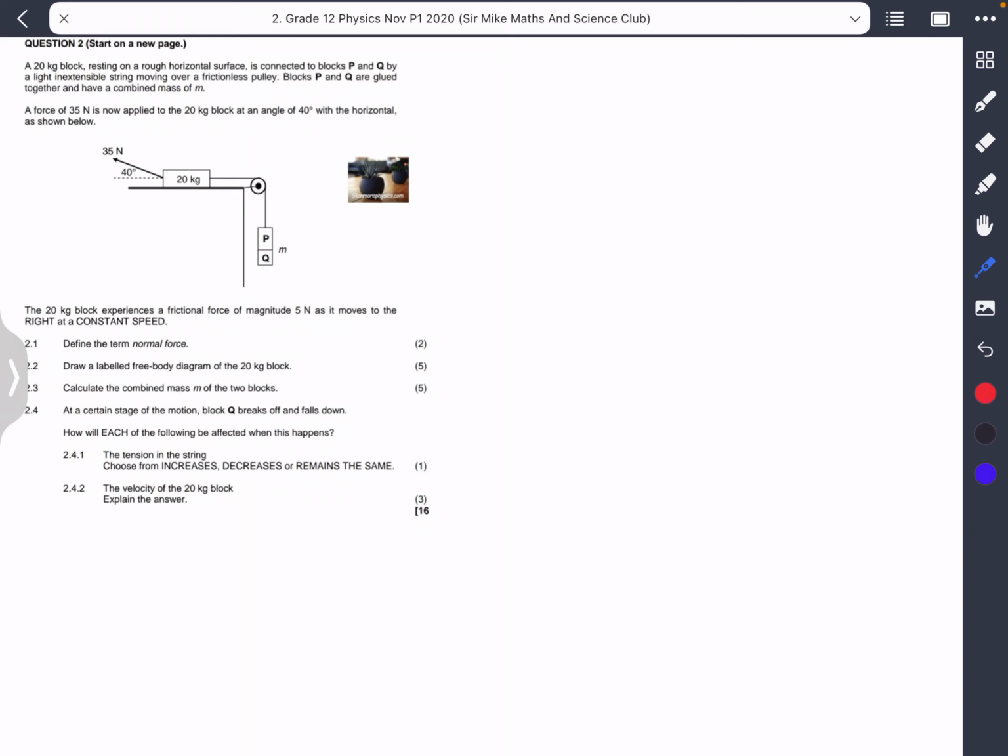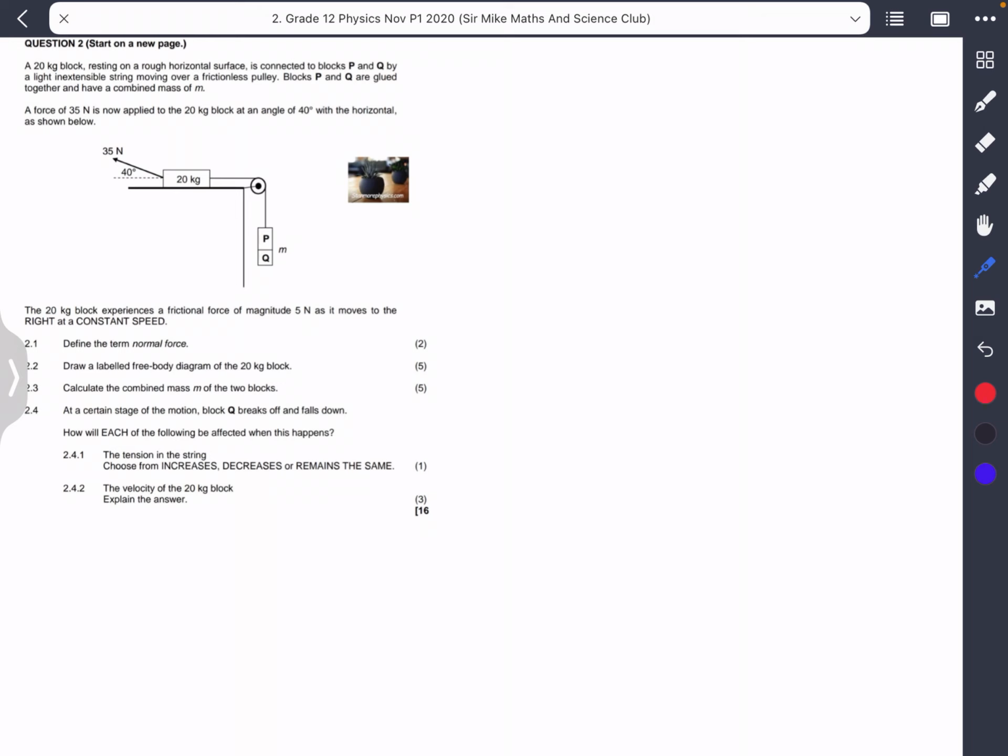It doesn't disturb our system, meaning that whatever tension we find on this side would be the same tension on the other side. So if you find this to be 20, you would know that the tension on this side would also be 20. That's what they mean by a frictionless pulley: it doesn't contribute anything to our system. It doesn't disturb it in any way.